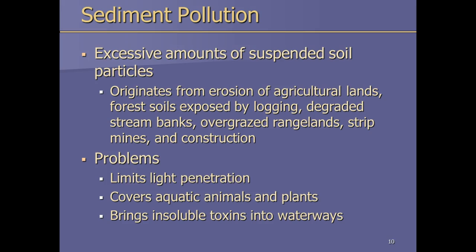Also, water, because it is polar, because it does dissolve many solutes, then toxins get into these waterways via the sediment. The toxin in the sediment gets into the water, and then the water holds on or attaches to the toxin.